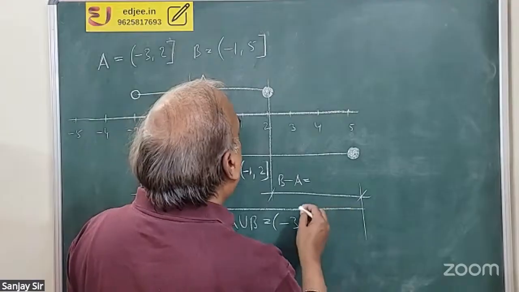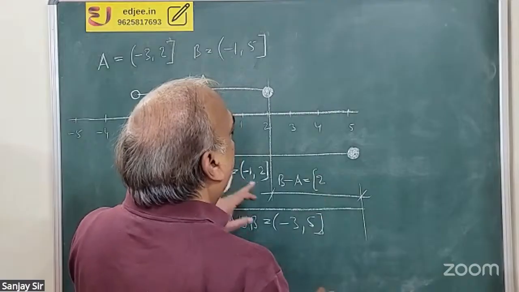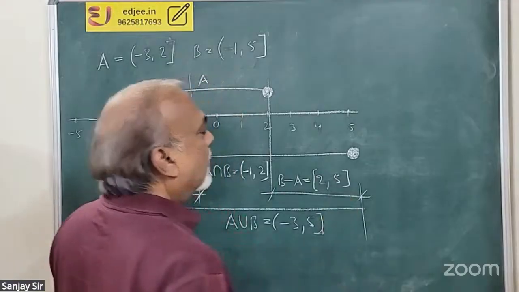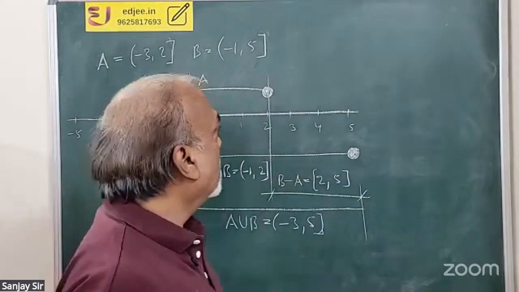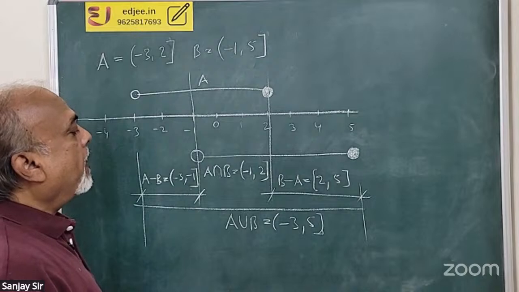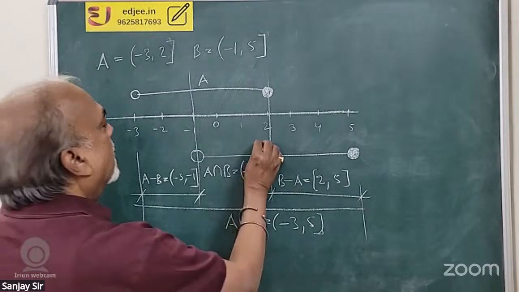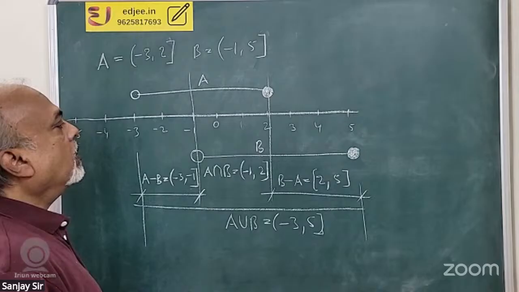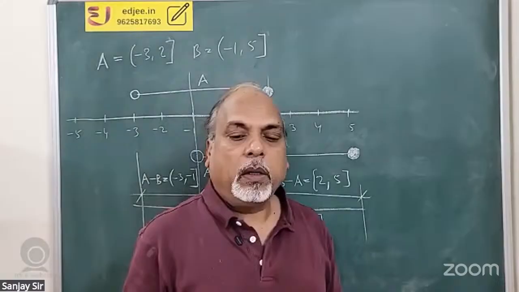This 2 is in B, 2 is included and 5 is also included. Yes, in B, 2 is included. B is basically this. Correct.